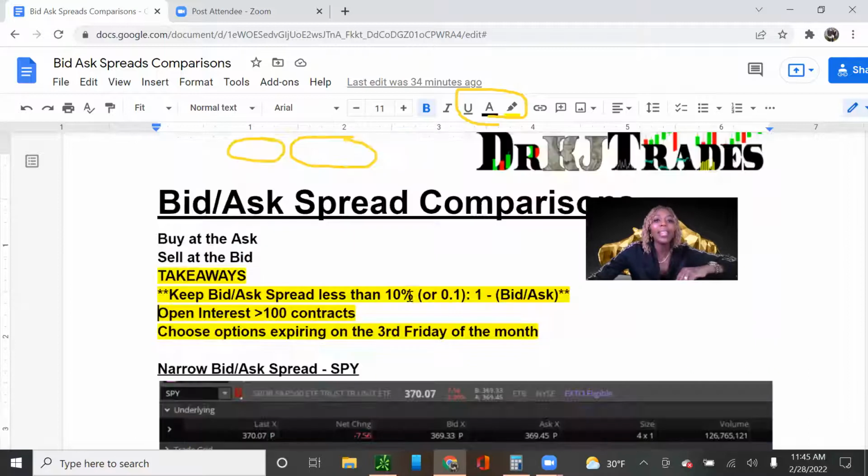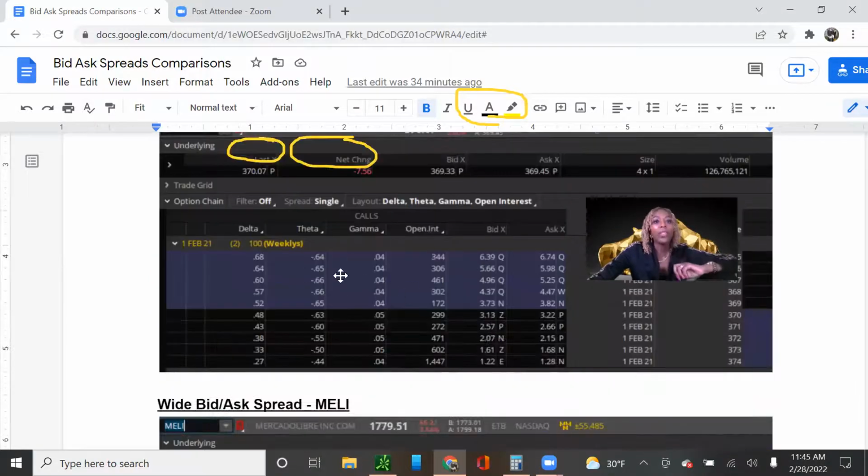So first takeaway, keep a tight bid-ask spread of less than 10%. Okay, so if you look at the SPYs, and this is an options chain snapshot that I took a couple months ago. Let's do this math. 373 divided by 382.